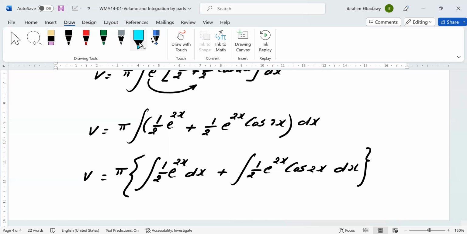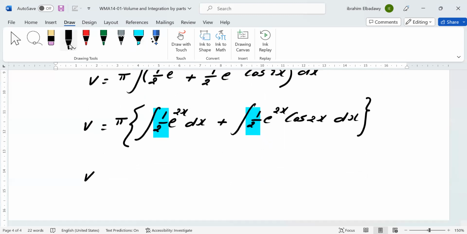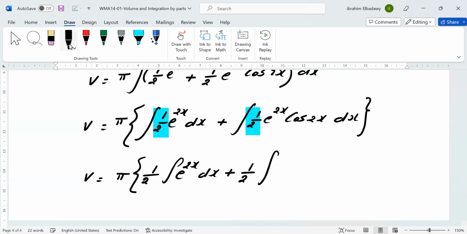Actually, you can take this half out and this half out if you want. So the volume equals pi times, half integrate e power 2x dx plus half integrate e power 2x cosine 2x dx, and close the bracket.